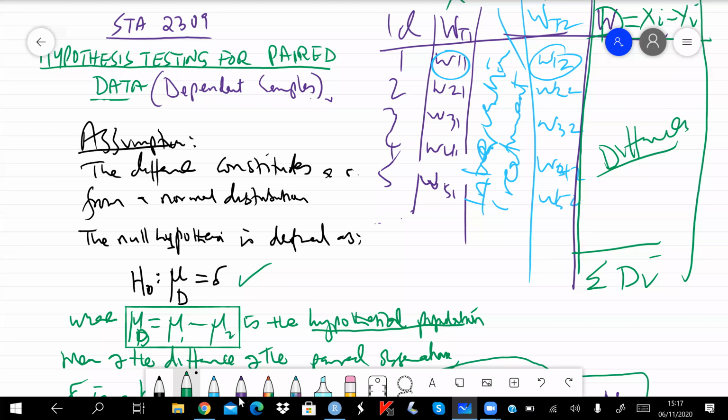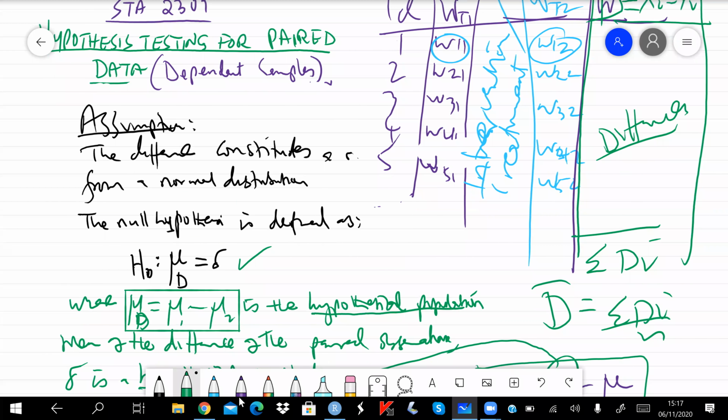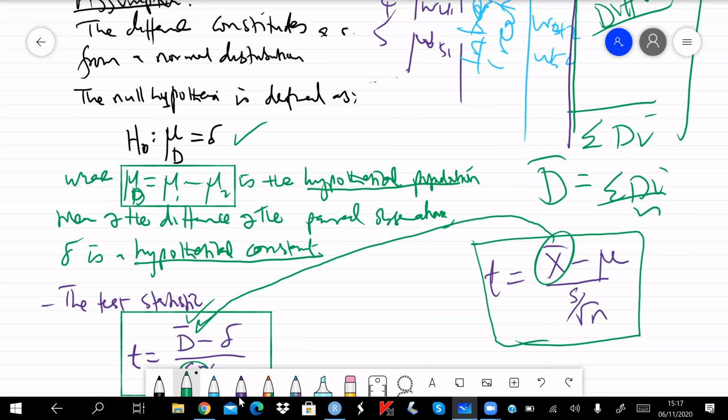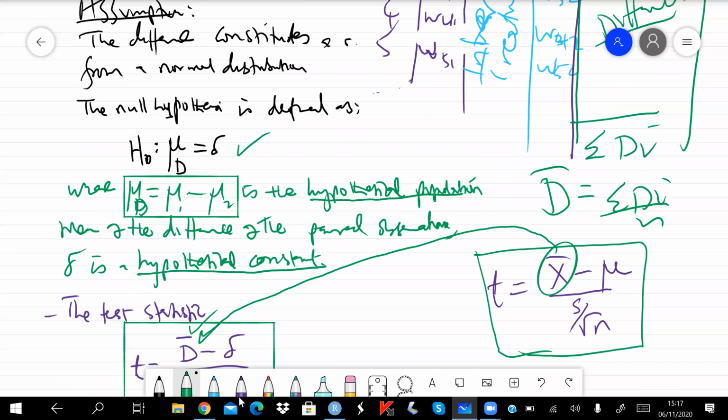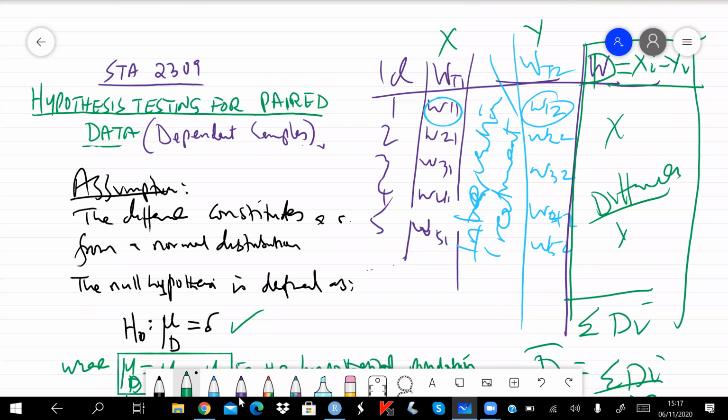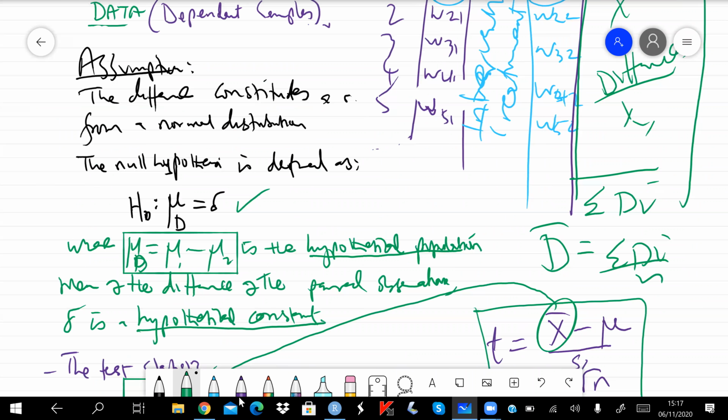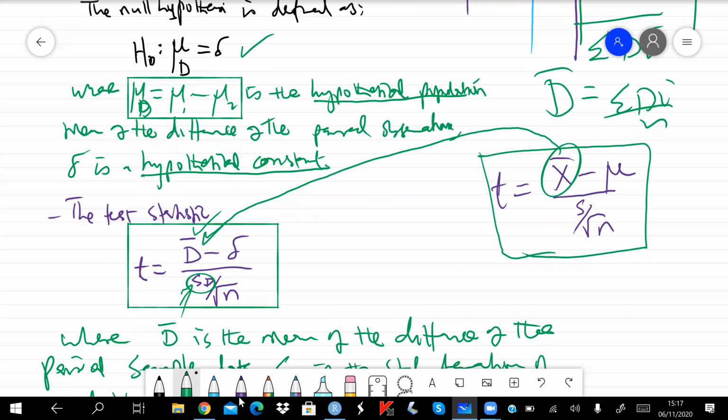So D bar is the summation of the Dis divided by N. That's the mean of the sample differences. And then we have S of D, which is the standard deviation of these differences. Then of course, N is the size of the sample. And delta is, as explained earlier on, the hypothetical population difference.